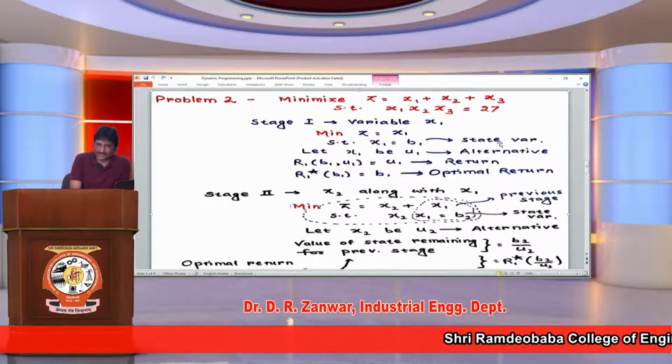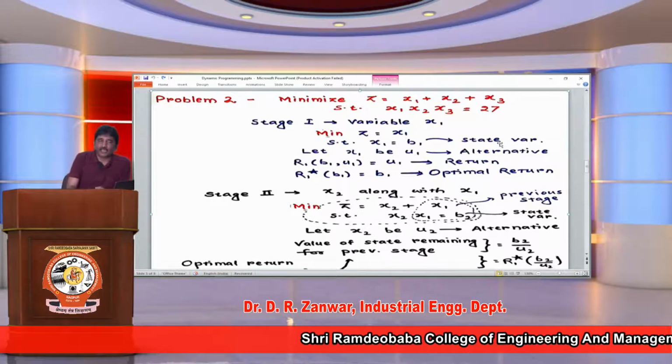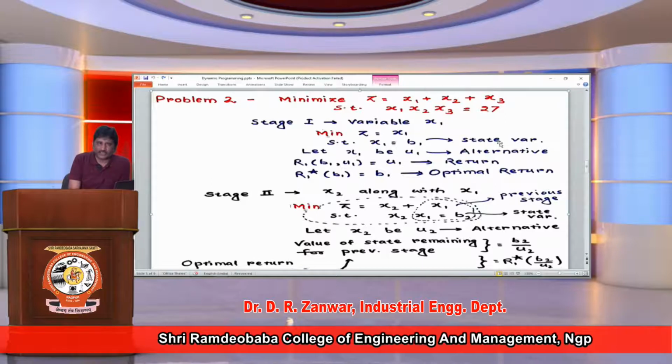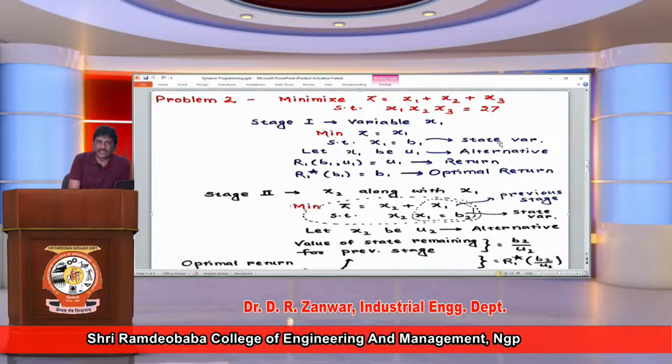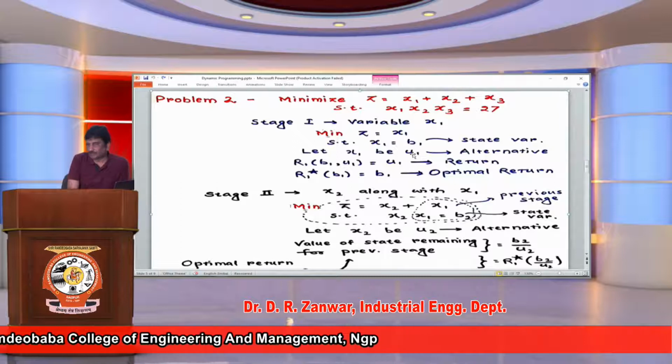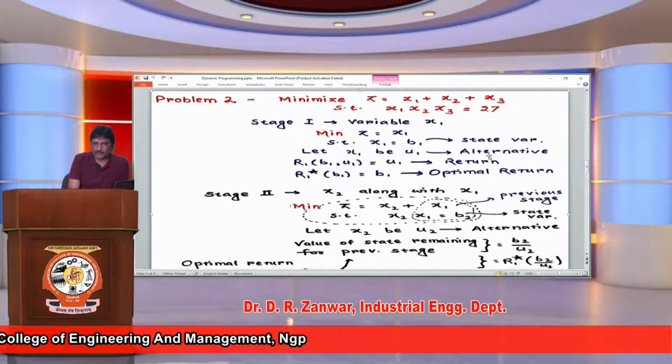Now that we have taken the state variable, we need to think of the alternative. For taking the alternative, we just declare let x1 be u1. u1 are the variable values of x1. So that is our alternative.